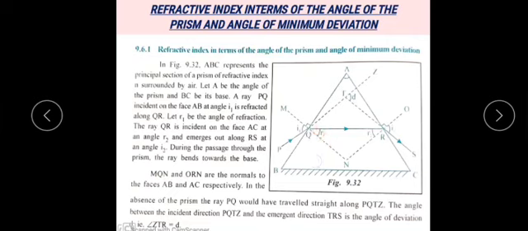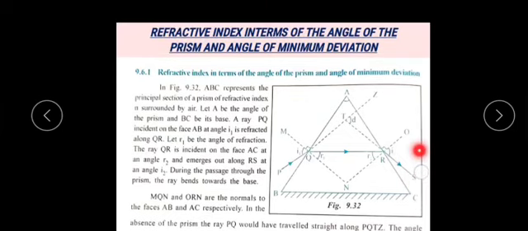Then the ray QR is incident on the face AC at an angle R2 and emerges as RS at an angle I2. During its passage through the prism, the ray bends towards the base again and emerges towards the base.